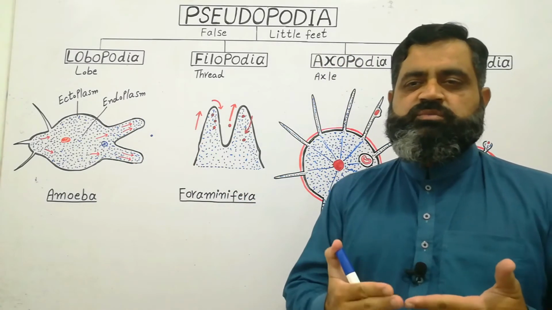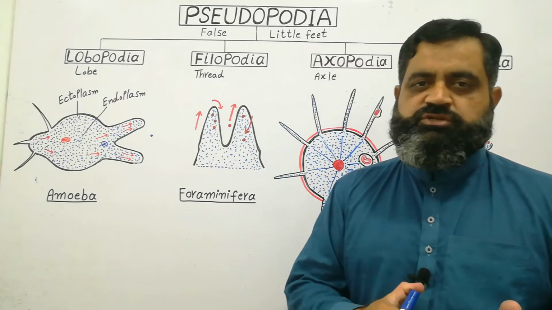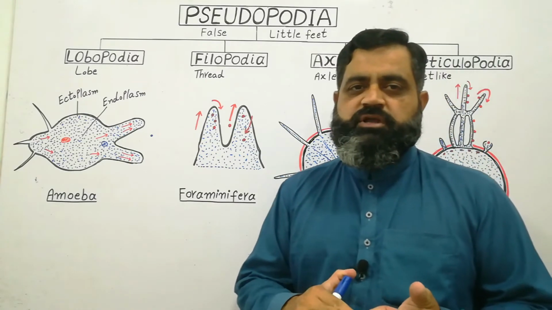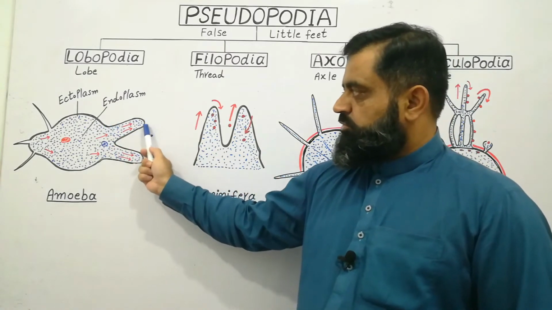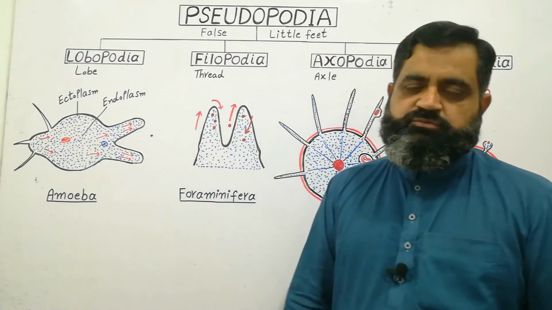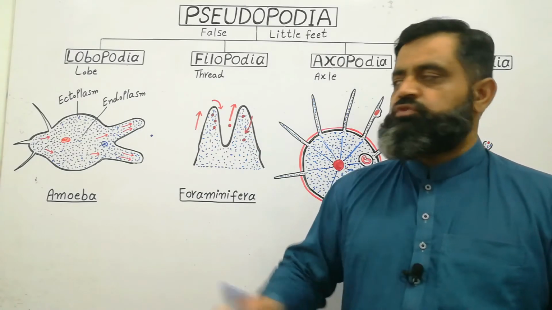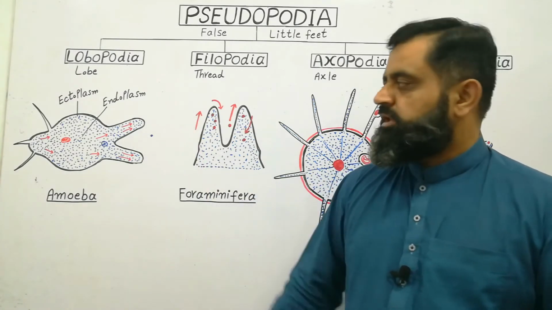Ectoplasm changes into endoplasm, and then endoplasm again changes into ectoplasm, and at the same time microtubules and microfilaments are formed, and a structure is formed on the surface of the animal's body, which is known as pseudopodia. Now we are going to call it Lobopodia.